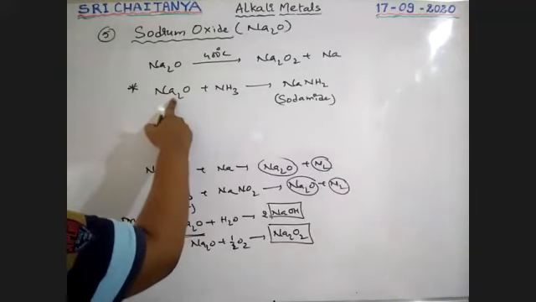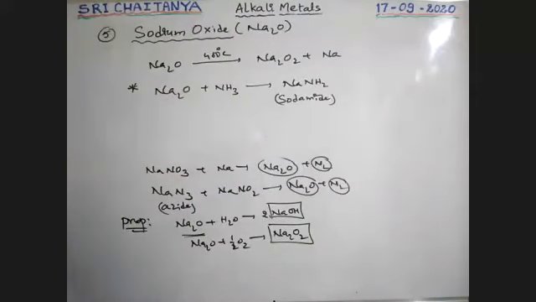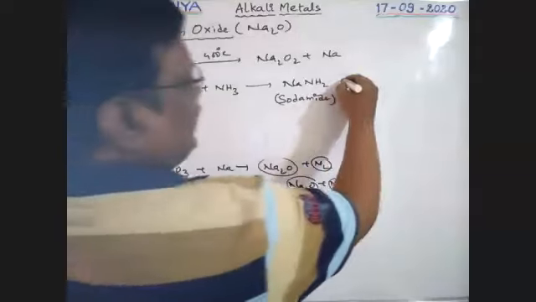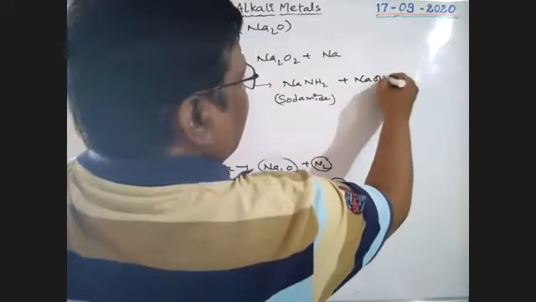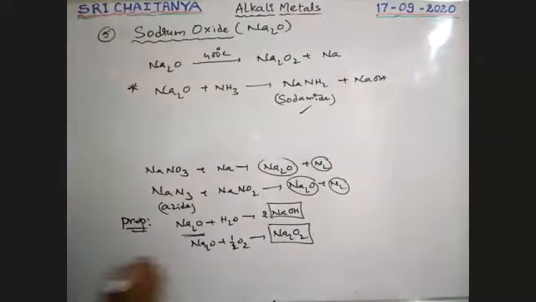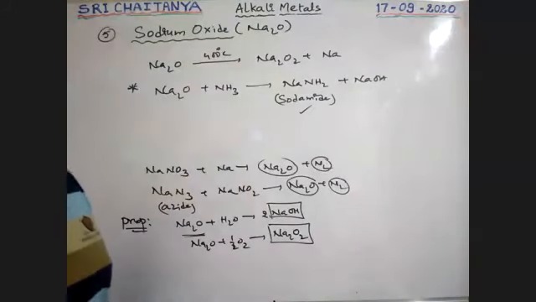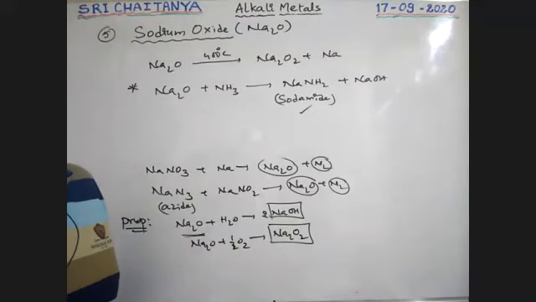Sodamide, NaNH2, plus NaOH is the final product. It is sodamide, boys. These are some chemical reactions of sodium oxide. So this is about our sodium oxide.